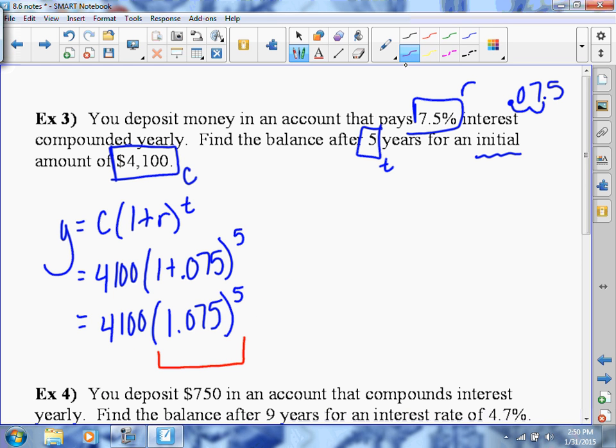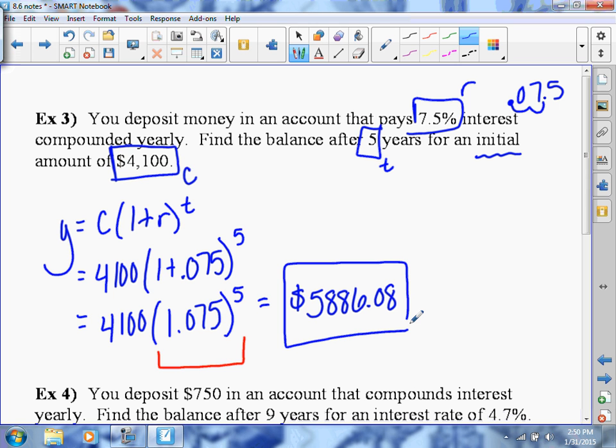And you should get, again, this is money, so you're finding your balance after 5 years. So after 5 years, you should have $5,886.08. So if you needed to write that as a complete sentence, you could say, after 5 years, I will have $5,886.08 in my account.